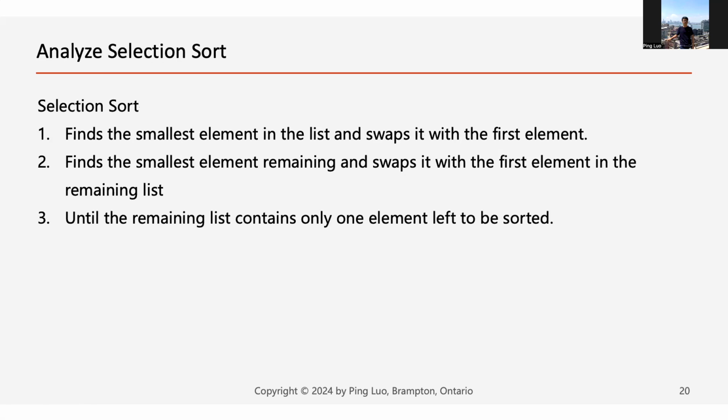Another example is the selection sort we learned before. In selection sort, you find an element, and if it's smaller than the previous one, we swap it. Each time the smallest number is put at the beginning of the list, then the second smallest is put in the second place, and all the way we order the whole list.